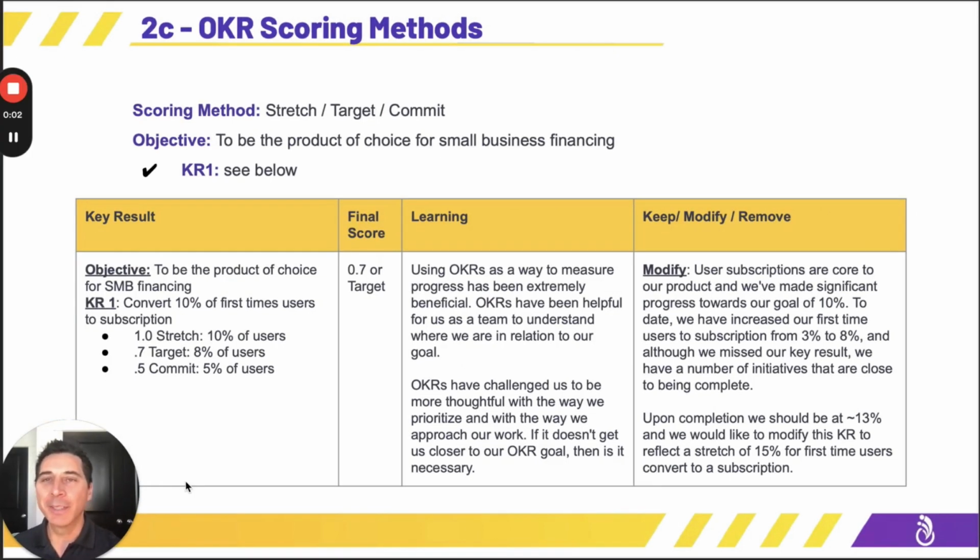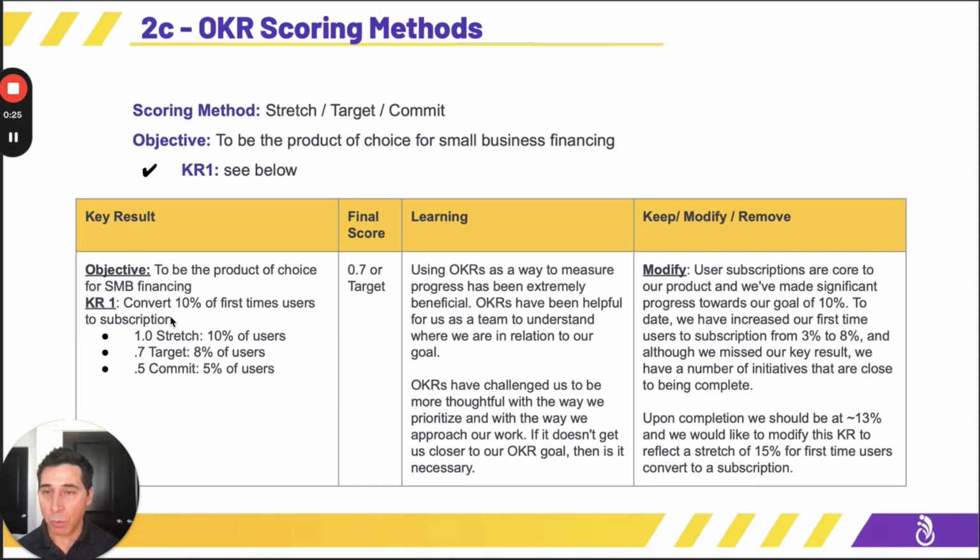Okay, so let's take a look at the stretch target commit method applied when it comes to end of cycle grading. How does that work? In this case, the objective, same use case that we've been using, is to be the product of choice for small business financing. Our key result is to convert 10% of first-time users to subscription.